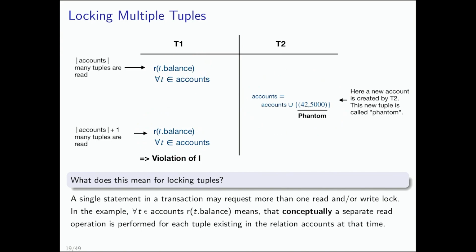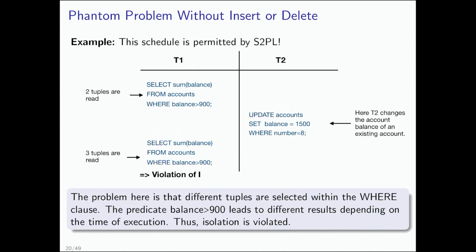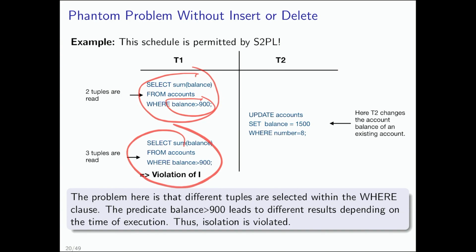So locking single tuples doesn't fix that problem. And as said before, you can also do that without an insert or delete. So here's a situation where the phantom problem occurs due to a where clause. Here selecting only the sum of those accounts that have a balance that is strictly greater than 900. So that's a change to the previous example, same statement executed here again.